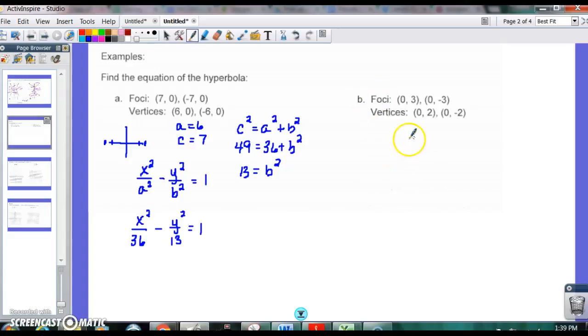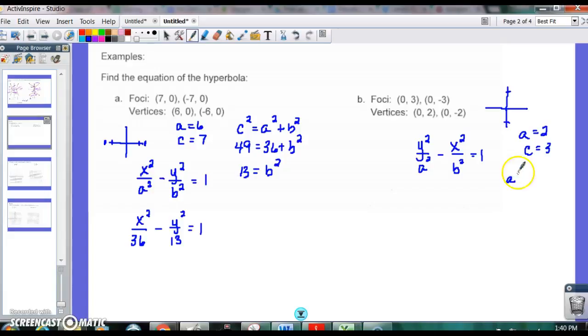In the problem on the right here, this is just kind of the reverse, where the foci and the vertices are along the y-axis, so the transverse axis is vertical. So I know that my equation is y squared over a squared minus x squared over b squared is equal to 1. I know that my a value is 2 and that my c value is 3.